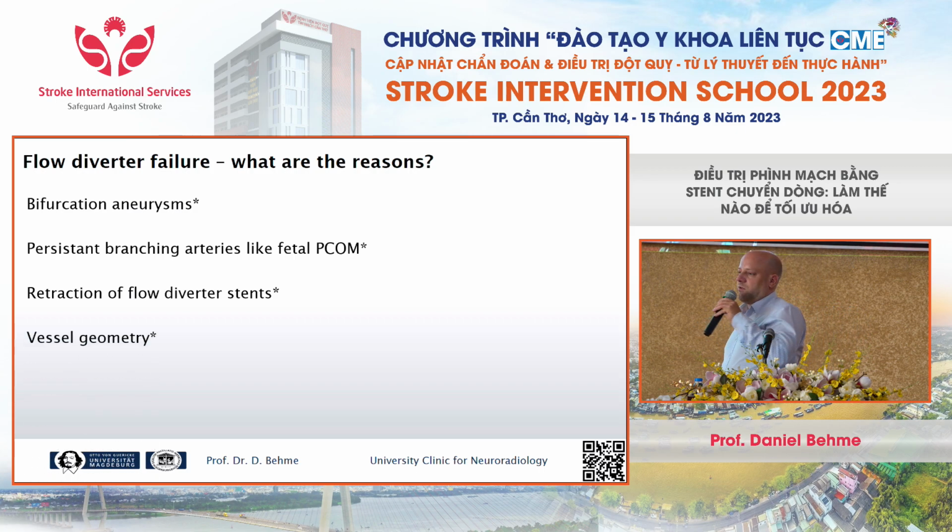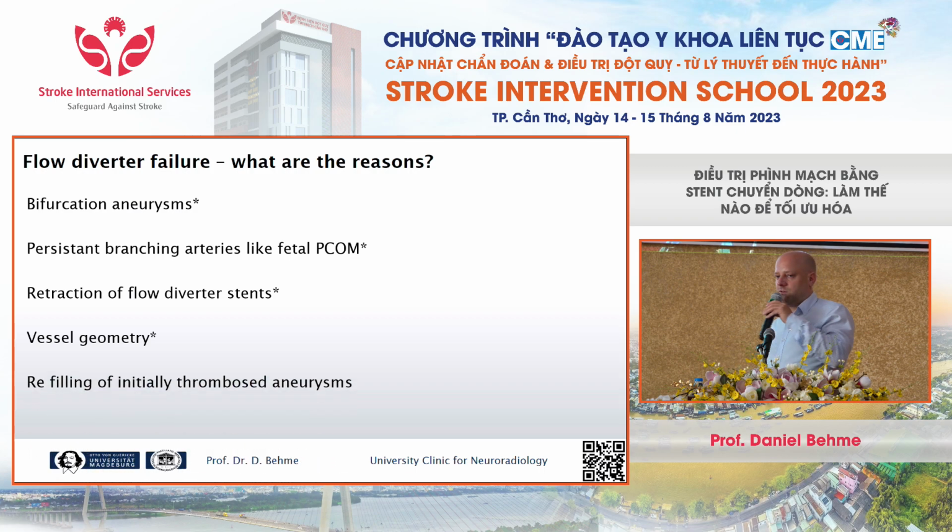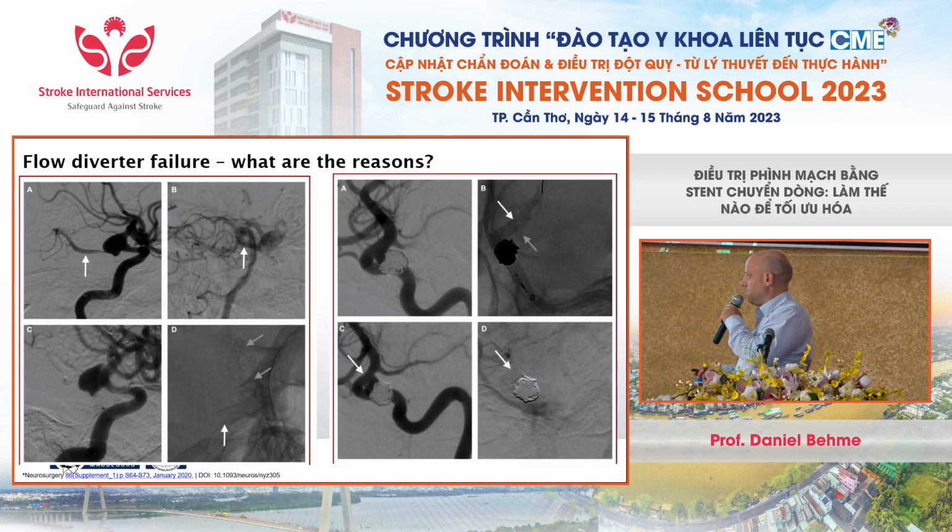The vessel geometry itself, how the curvature is, which angles you treat, may impact the effectiveness. And one point, which I'll show an example of from my clinic and which I don't really know how to deal with in all cases, and I've seen this several times, is flow diversion treatment of a partially thrombosed aneurysm that then, with dual antiplatelets, refills and gives a remnant or a second bleeding.